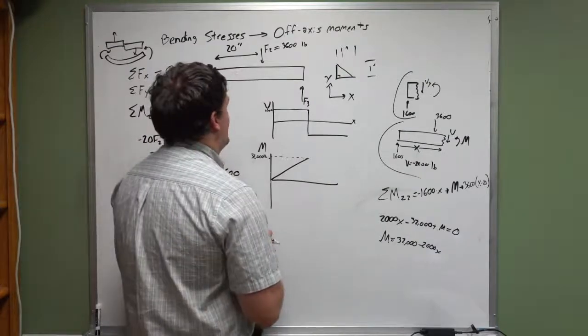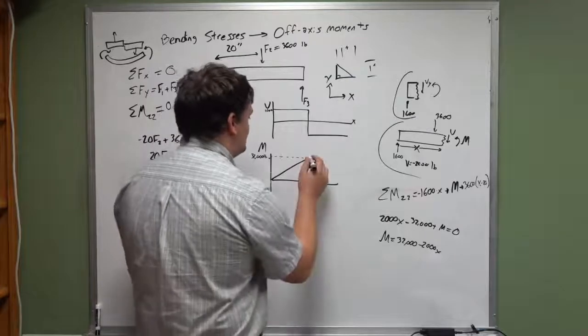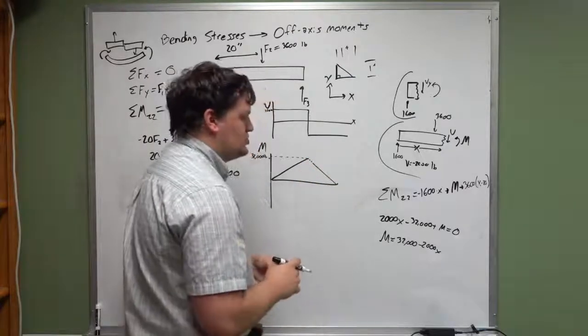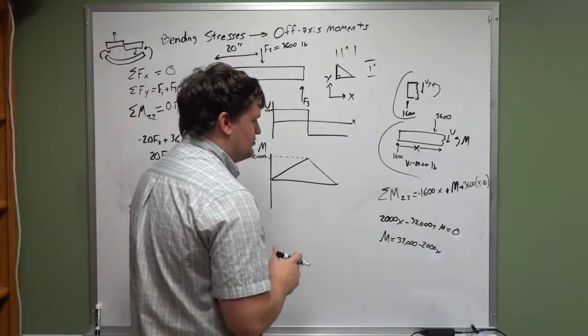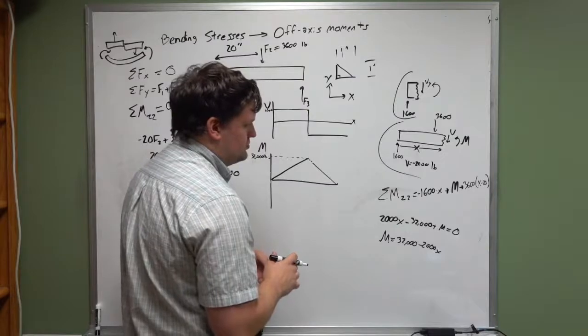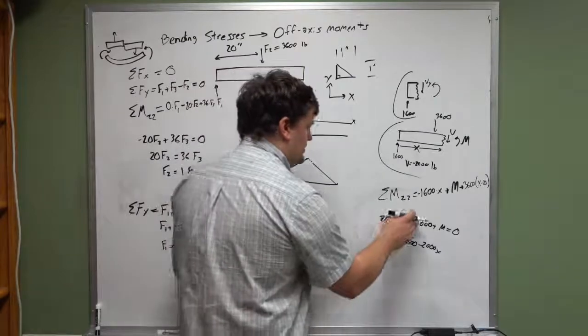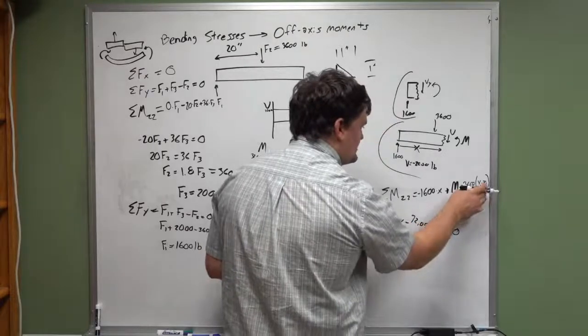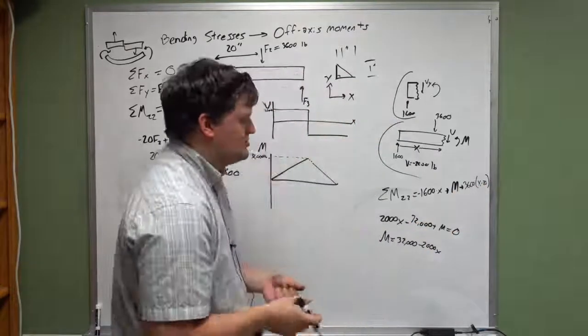And when x equals 36 inches, you should see, oh no, sorry, this is 72,000. 3,600 times 20 is 72,000.